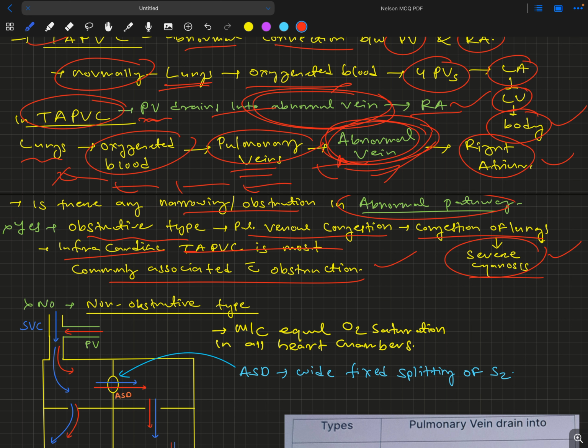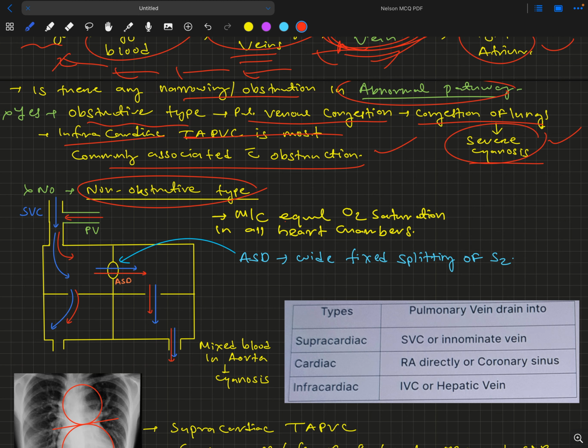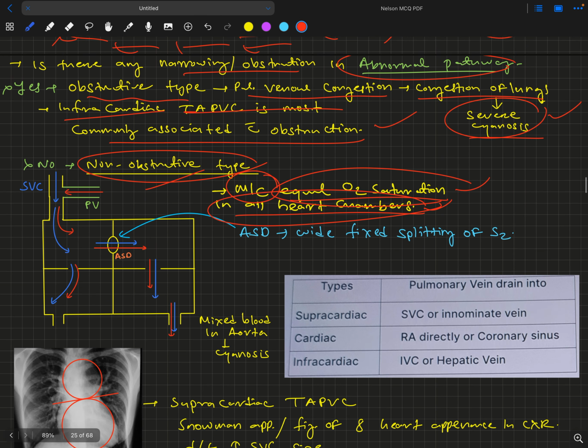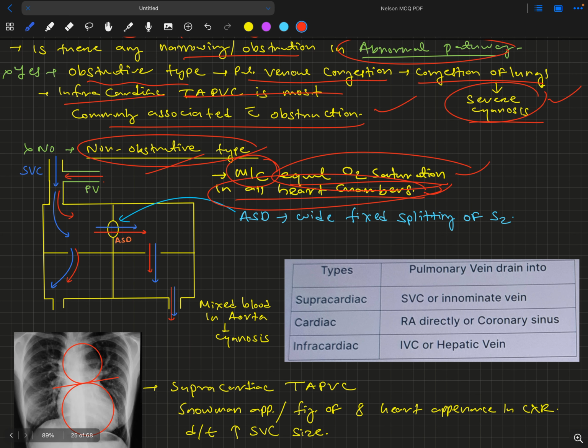If there is no obstruction, then it is called non-obstructive type. Non-obstructive type is the most common, more common than the obstructive type, with equal oxygen saturation in all heart chambers. So now this is a supracardiac TAPVC.